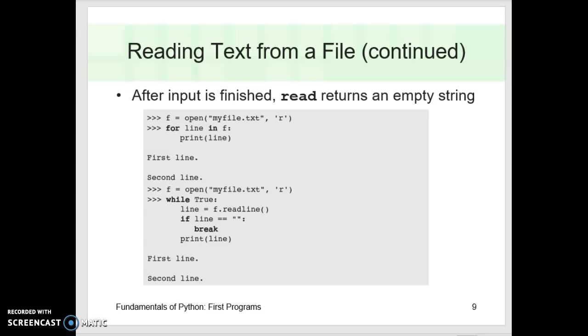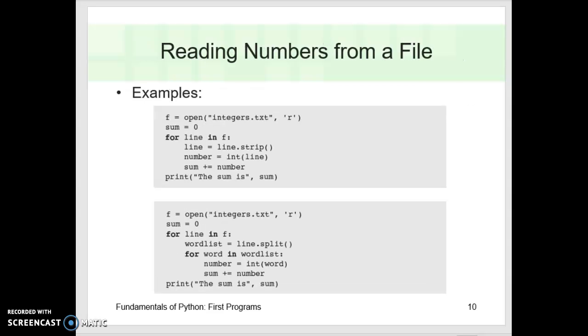After input is finished, read returns an empty string. So there's always going to be an empty string at the end, because it's a character that says it's over, and over will read as an empty string. These are examples of reading numbers from a file. Again, we changed the number into a string to save it there.